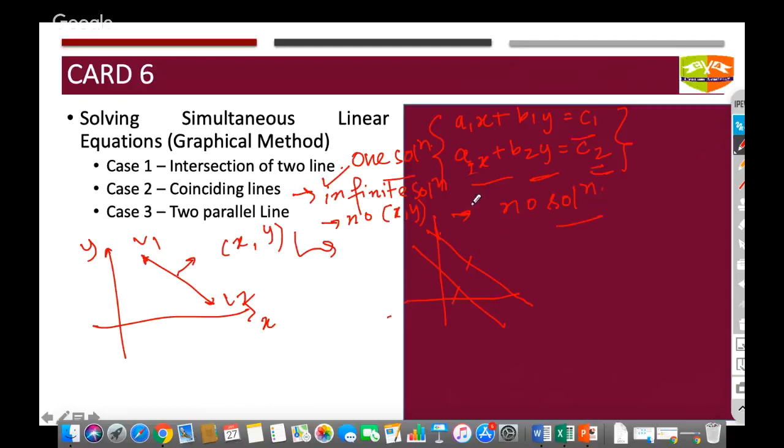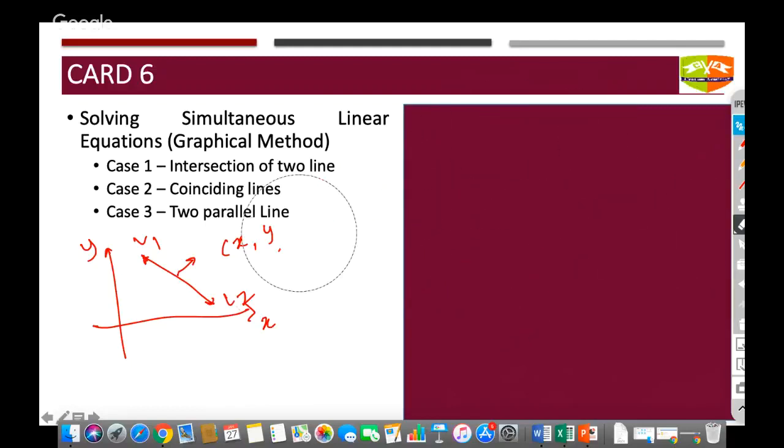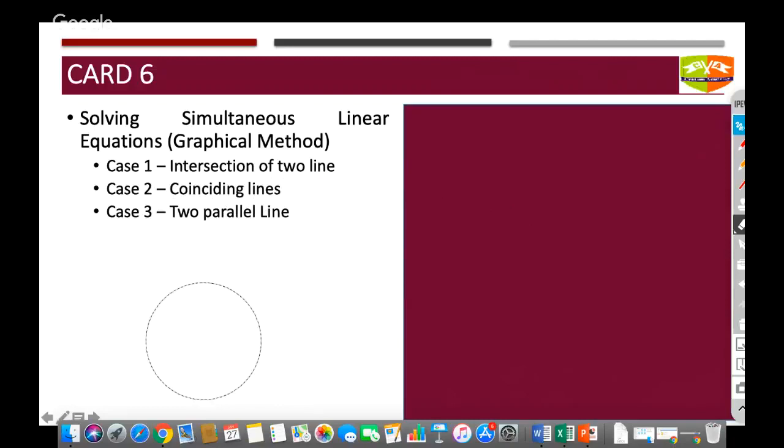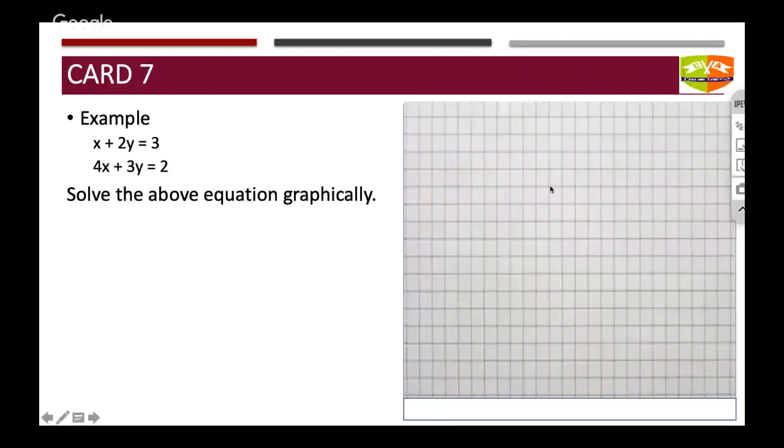Now how do I do these things graphically? I have taken a few questions on how to solve these questions graphically. My first question is x plus 2y is equal to 3 and 4x plus 3y is equal to 2.